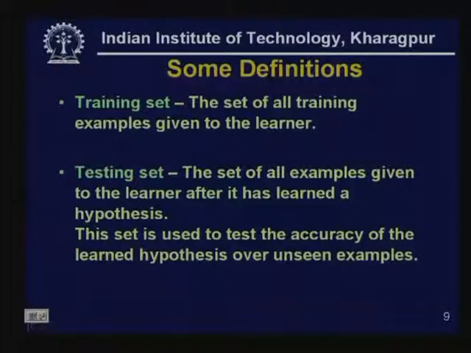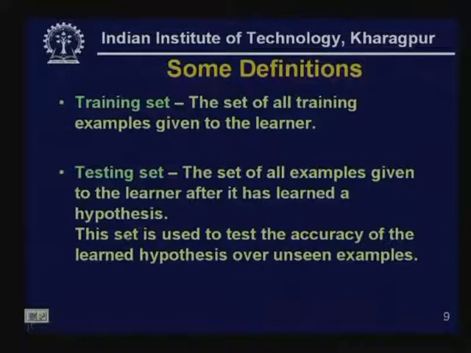So, it is good if you can use a different set of examples for testing. The set of examples that you use for testing is called the testing set. These examples should ideally not be known to the algorithm before it has learned the hypothesis. So, the testing set is the set of all examples given to the learner after it has learned the hypothesis. This set is used to test the accuracy of the learned hypothesis over the unseen examples.